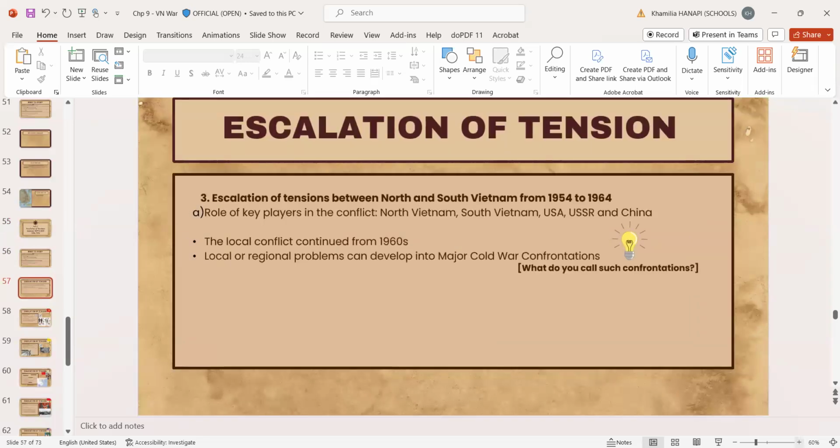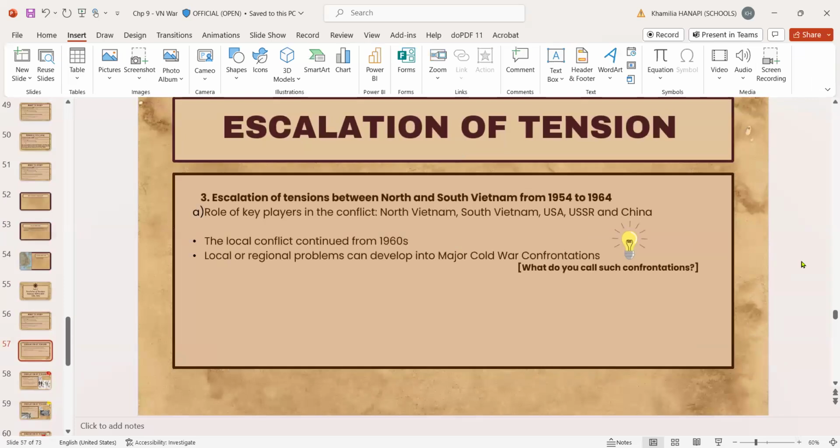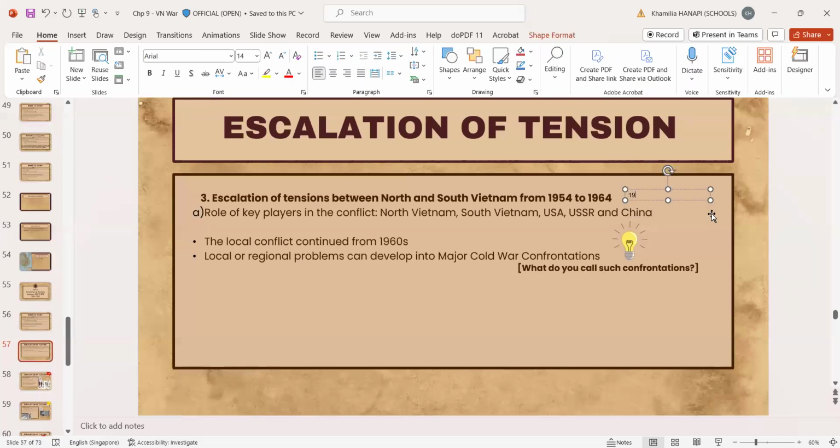So there is escalation of tension. If you look at the timeline, it is 1954 all the way to 1964. Remember, in 1954, one of the things they wanted to decide was to have independence.